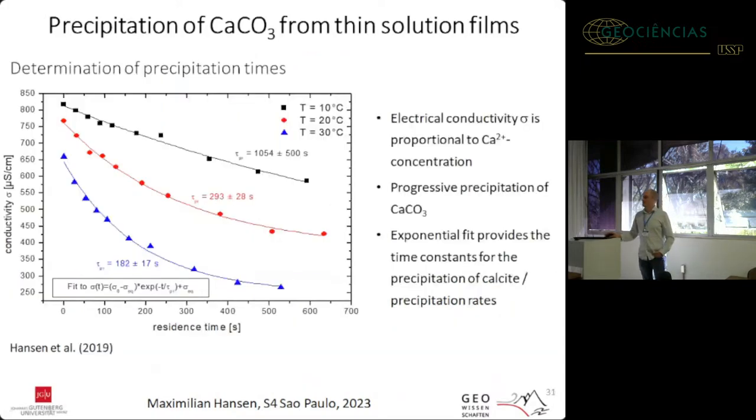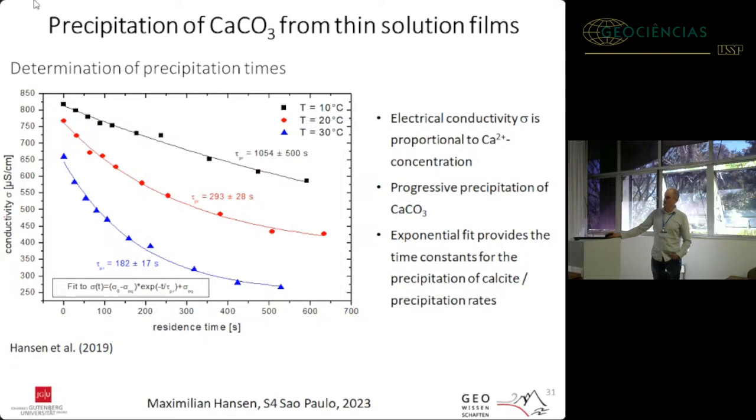Okay, so this is basically the precipitation of artificial speleothem calcite for a solution film of 0.0 millimeter in thickness for the 3 different temperatures, and for a solution which had initially 5 millimoles of calcium in the solution. And what you can see is a strong dependence, as you would expect, with temperature.